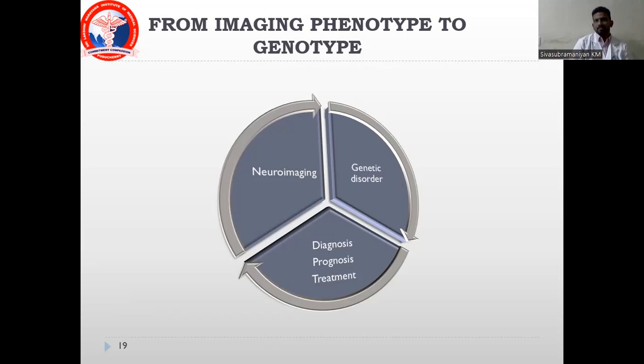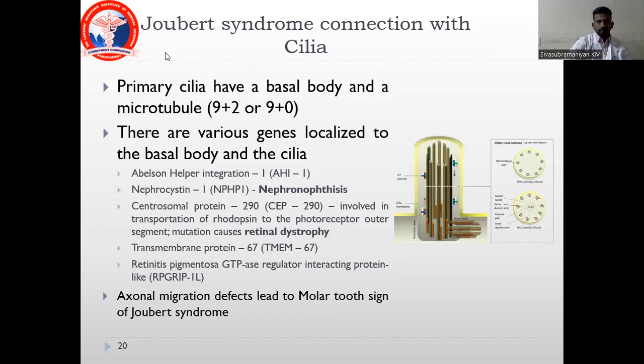You suspect that this could possibly be a genetic disorder, and then you do the genetic testing, and you do the diagnosis and prognosis and treatment, and then for follow-up you again come for neuroimaging. So this is the imaging phenotype to genotype dogma that we follow in the radiological branch.